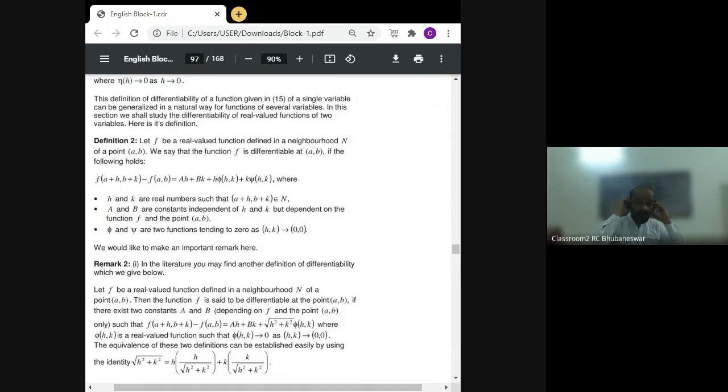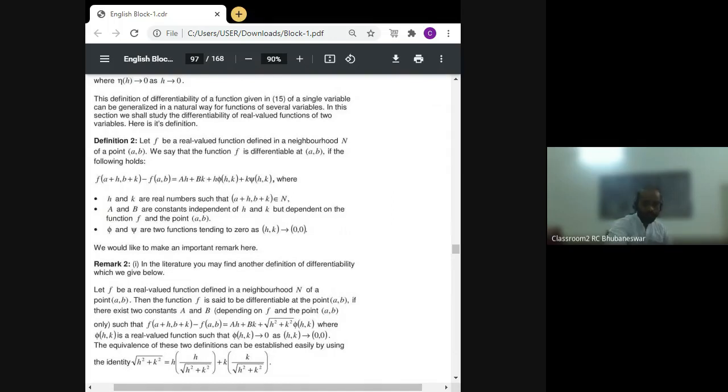But they depend on the function f at the point. So the values of capital A and capital B depend on the function and on the point, but they are independent of h and k, the small increments in the x-axis and y-axis.